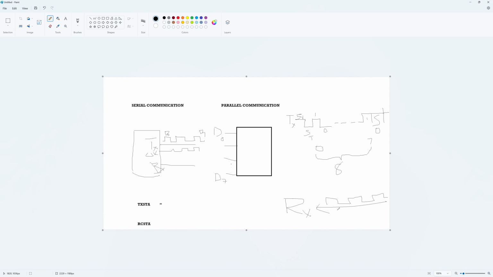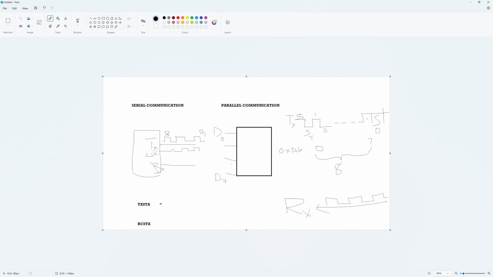The receiver has to identify the data: the start bit, the stop bit, and the in-between data bits. How are they identifying it? Identifying means sampling. They need to sample it to differentiate the start bit, the stop bit, and the in-between data bits. Suppose I am sending a 0xAA value.